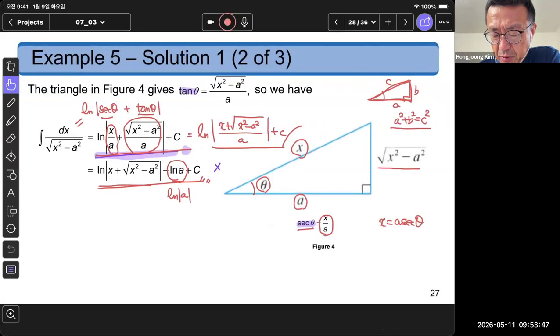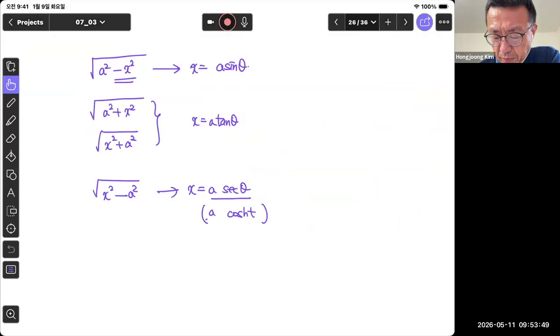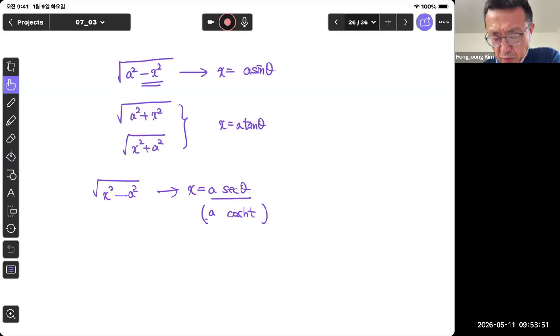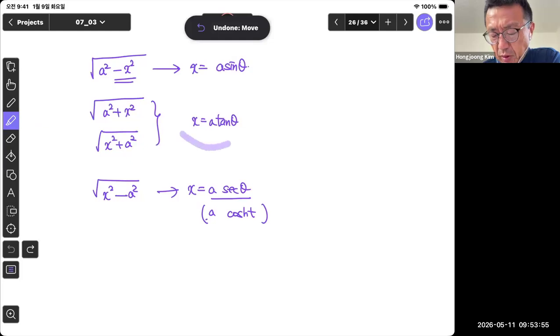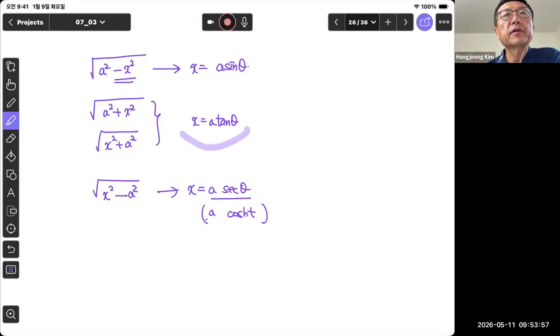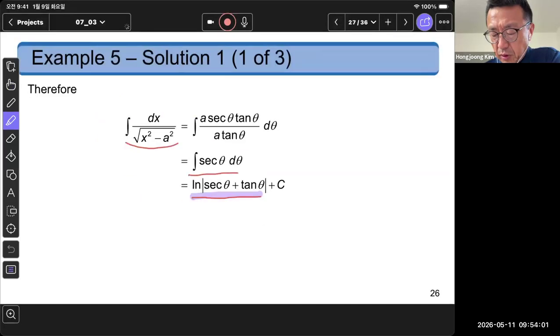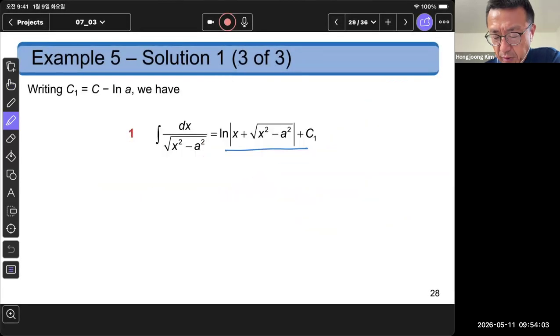So I first considered this approach, and with that approach, you got this solution, right? And this will be sufficient. This is enough for your final exam.